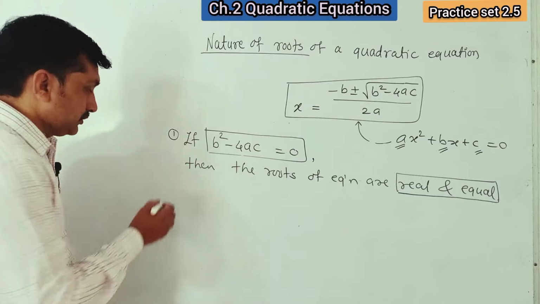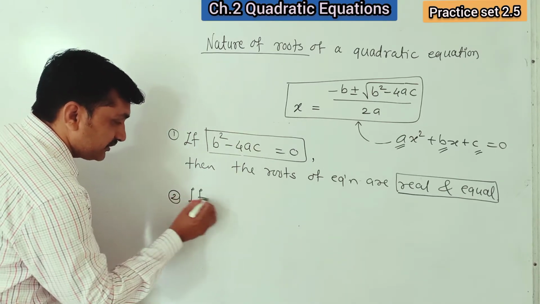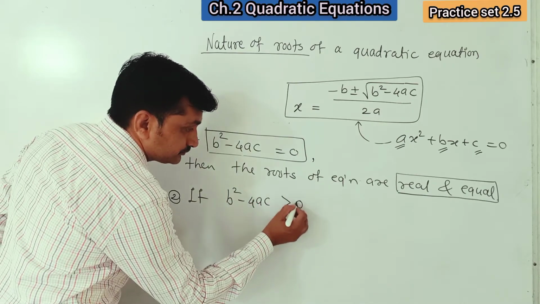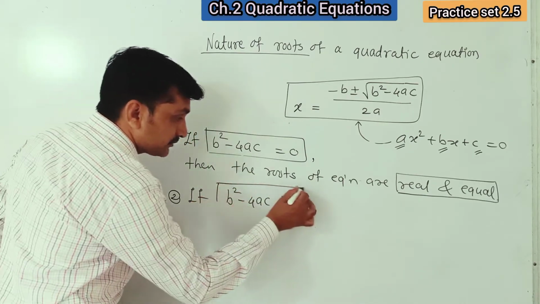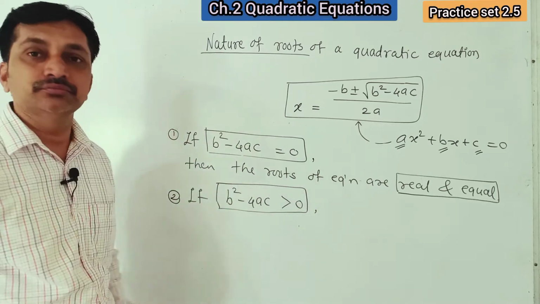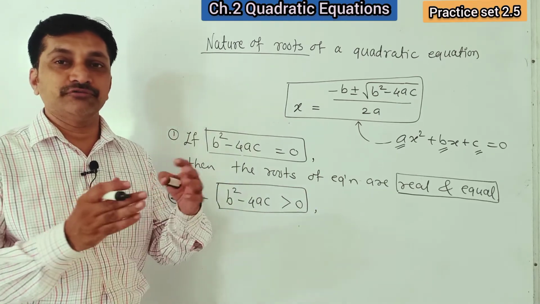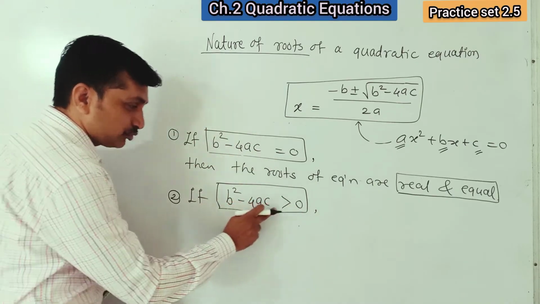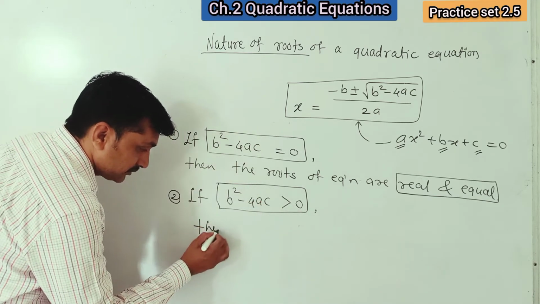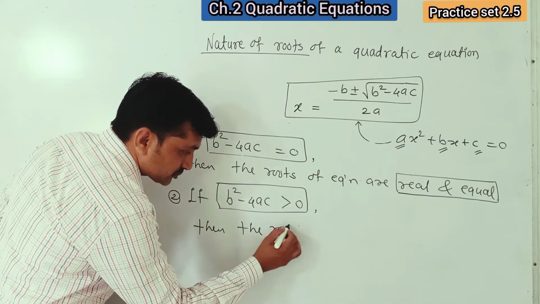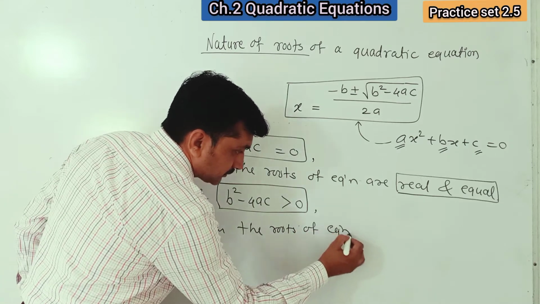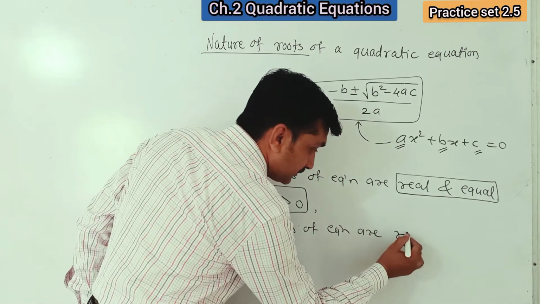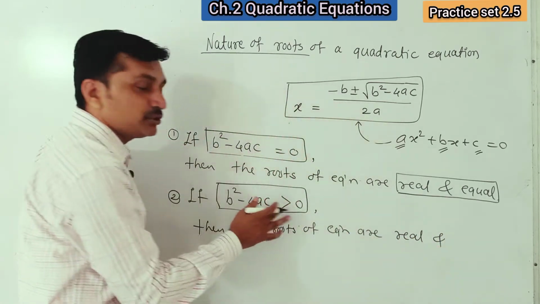Okay, first. Second condition, if we get b square minus 4ac greater than 0. Greater than 0 means a positive number: 1, 2, 3, 4 or 1.5, 2.5, but greater than 0. If b square minus 4ac is greater than 0, then the roots of the equation are real, but not equal to 0.